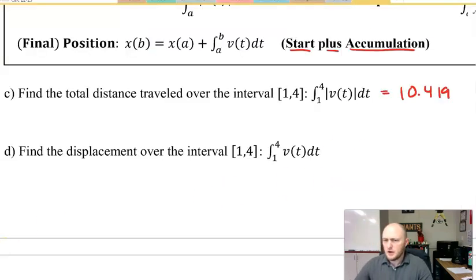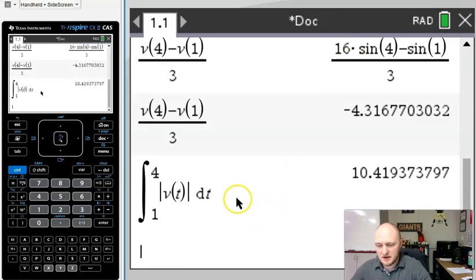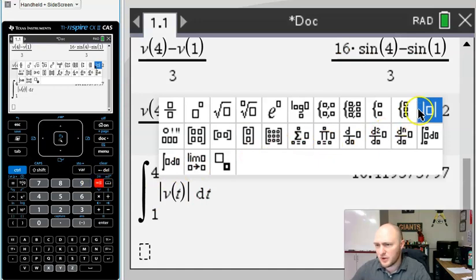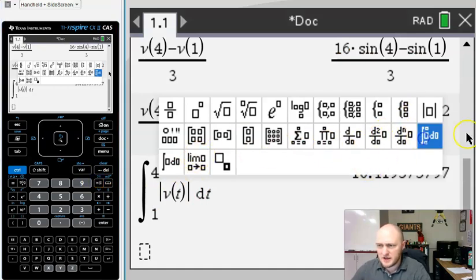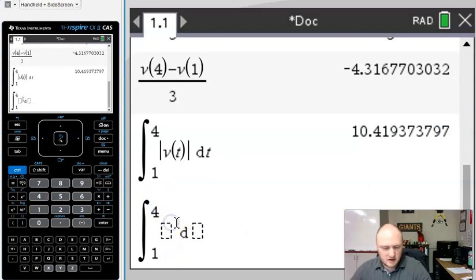10.419. Okay, find the displacement over the interval. Well, that's the same thing, but I don't have to make sure my velocity is always positive. I'm just going to integrate from 1 to 4 and punch in v of t dt.